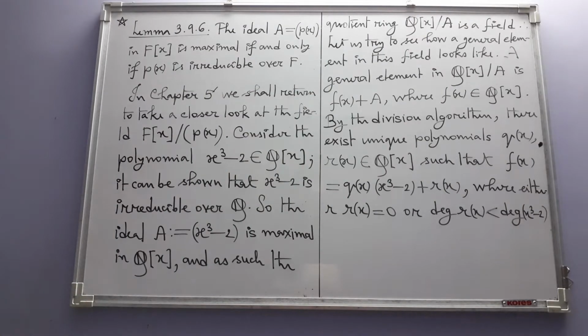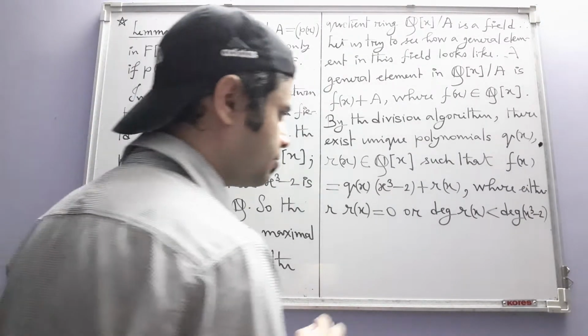Degree of the remainder polynomial is less than the degree of the divisor polynomial.